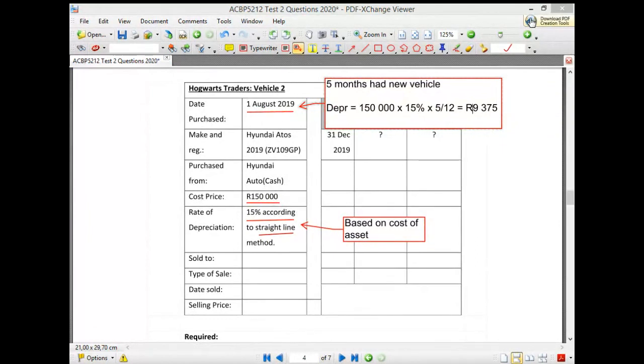So you could have also shown it as follows. I'm just going to show you what the alternative was. You could have done the 10,886.40 and then 9,375.